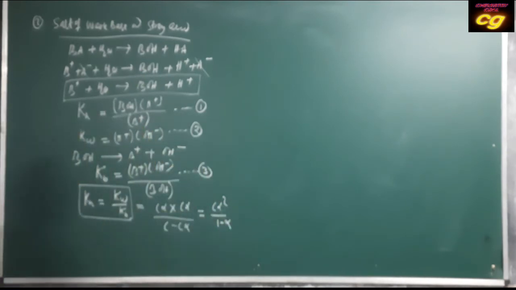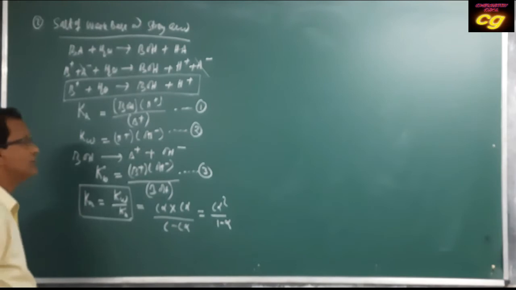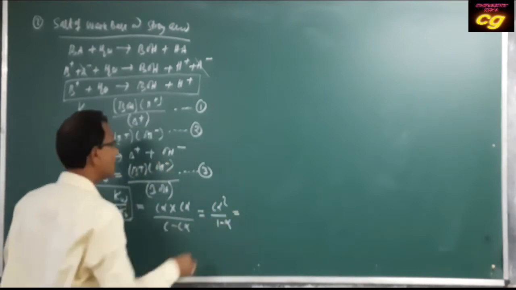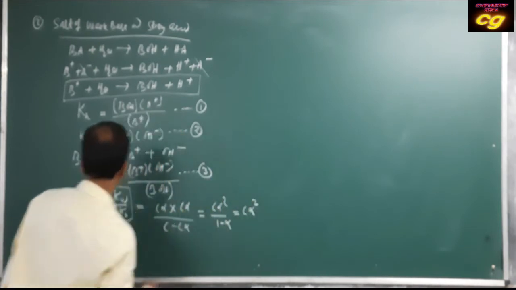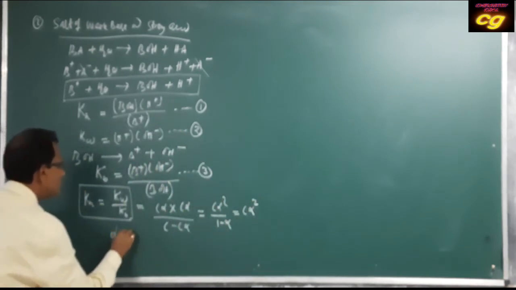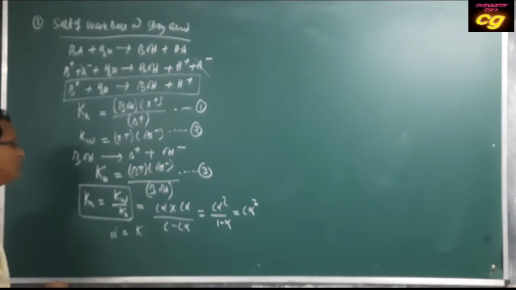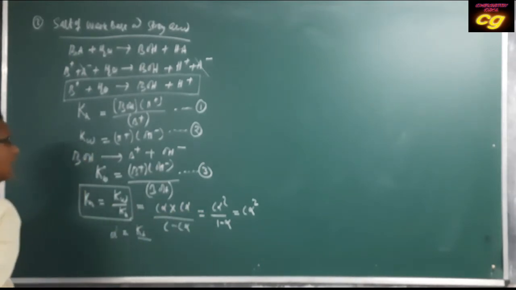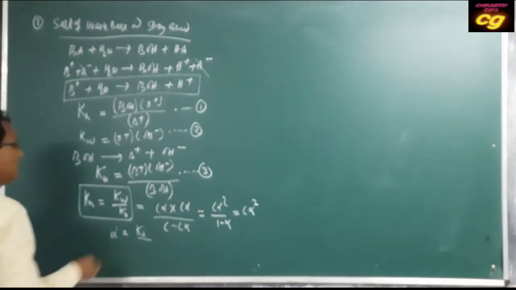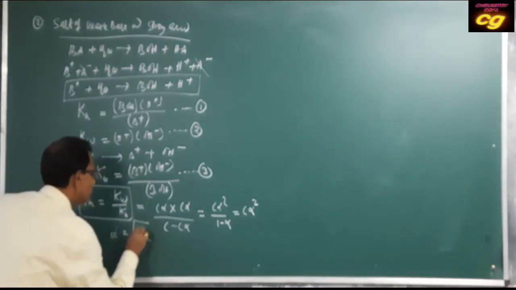When alpha is very small, the equation can be written as C alpha square, which implies alpha is equal to, similar to the previous one, Kh by C square.